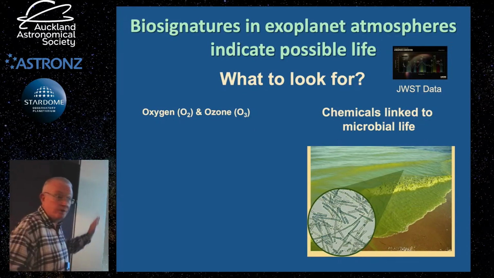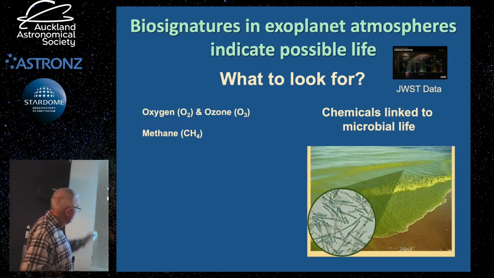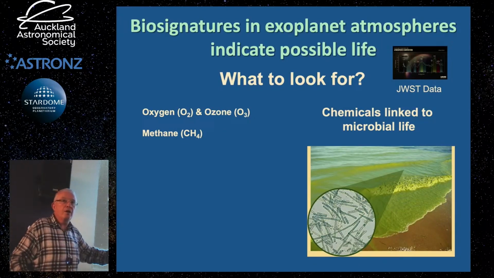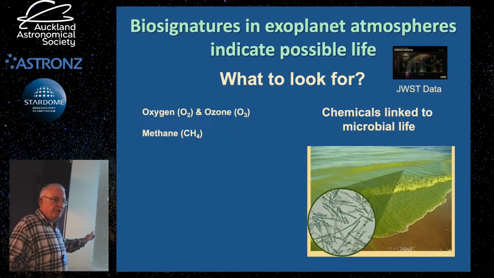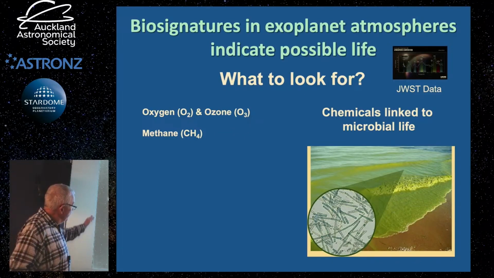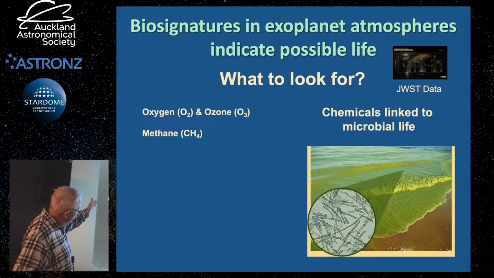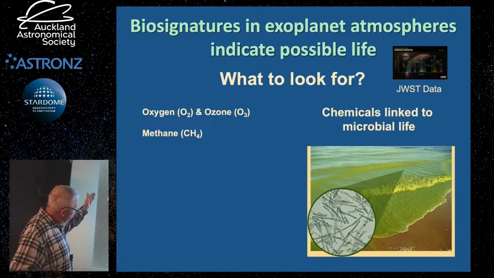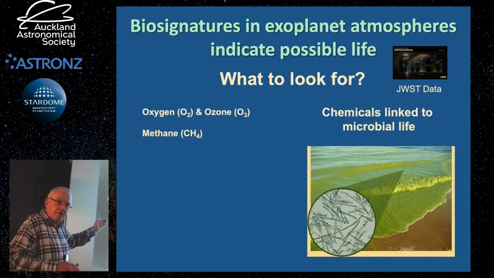That gets your attention. Photosynthesis. Methane gas. Methane gas can be produced geologically or biologically, but certainly gets your attention. Incidentally, both of them can be made biologically or non-biologically, and both of them degrade in the atmosphere. If you see them, that's got your attention, but it's not a definitive thing.